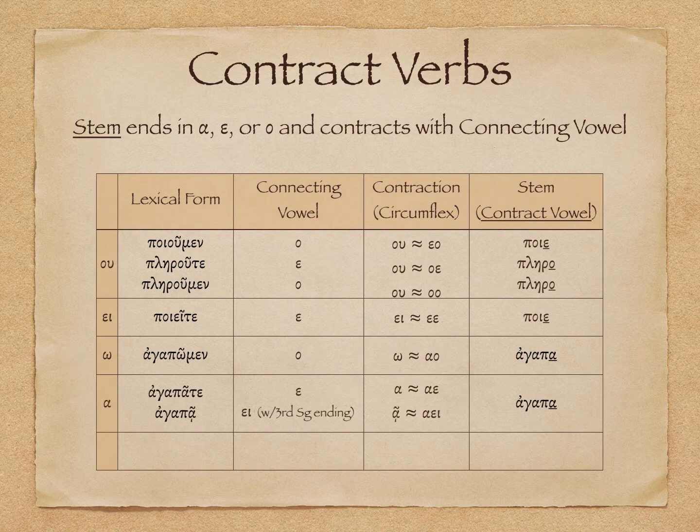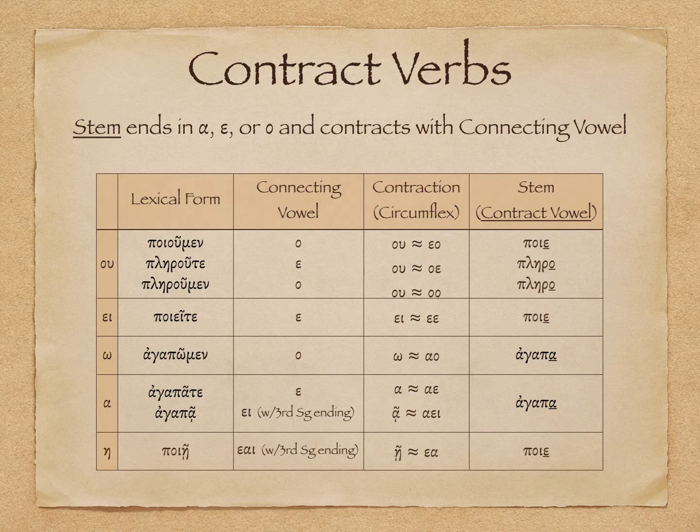The fourth rule is for the alpha, agapate. Epsilon is the connecting vowel. What plus epsilon contracts to an alpha with a circumflex? In this case, it is the alpha, alpha plus epsilon, agapate. And in the third singular, the iota subscripts down underneath the alpha.